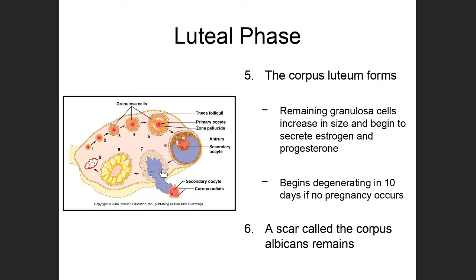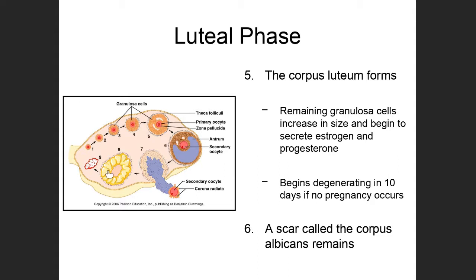When we destroy that follicle through this somewhat violent process of ovulation, the follicle is no longer producing estrogen. So we actually see at this point following ovulation that estrogen levels in the body start to drop just a little bit.